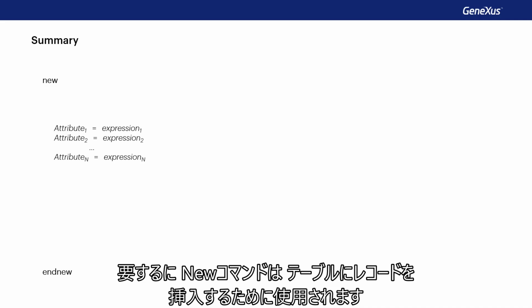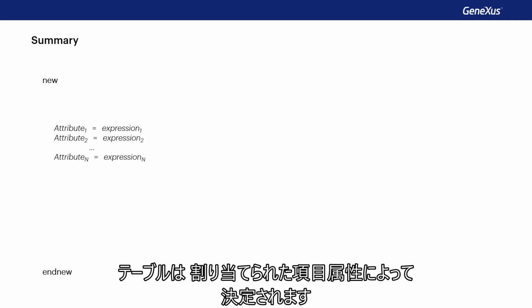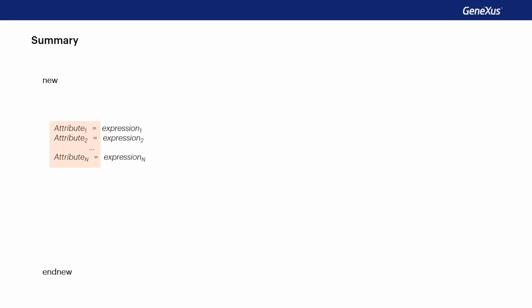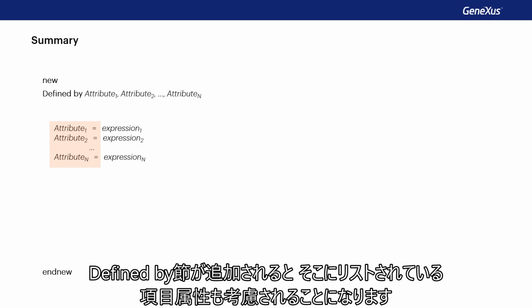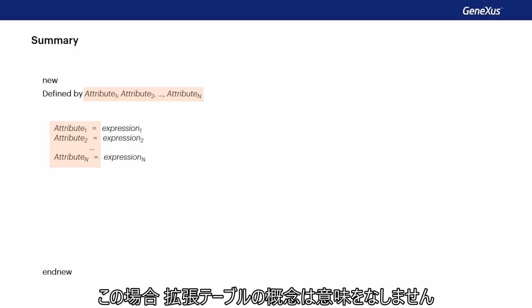In short, the new command is used to insert a record into a table. The table is determined by the attributes assigned to it. If a defined by clause is added, then the attributes listed there also participate. Here the concept of an extended table does not make any sense.